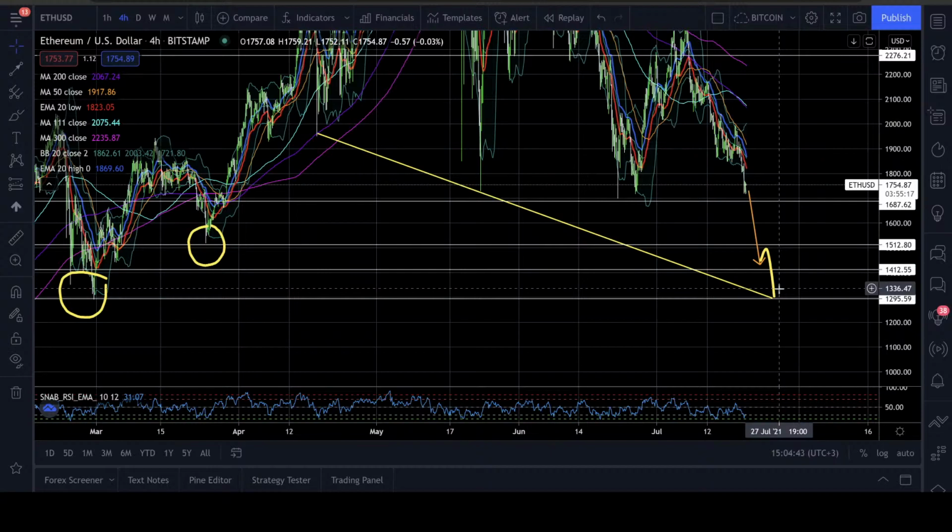The reason why monthly close is very important is because based on Gann's theory, Gann trades based on the lunar cycle.